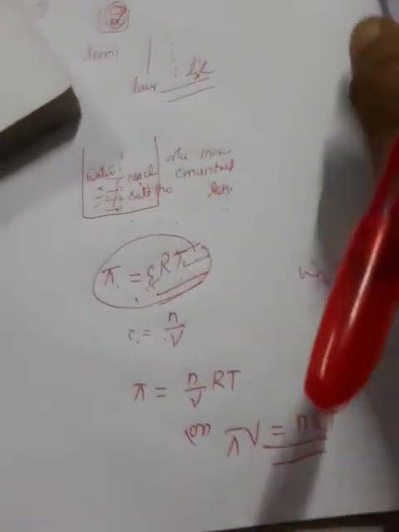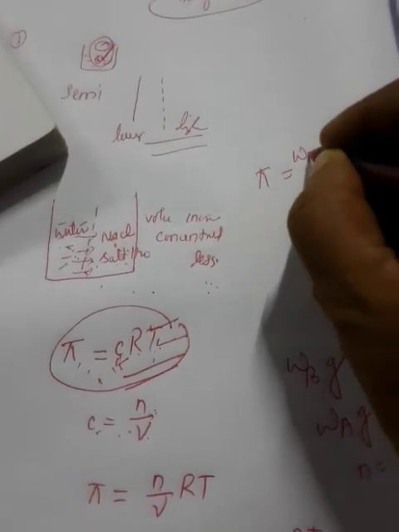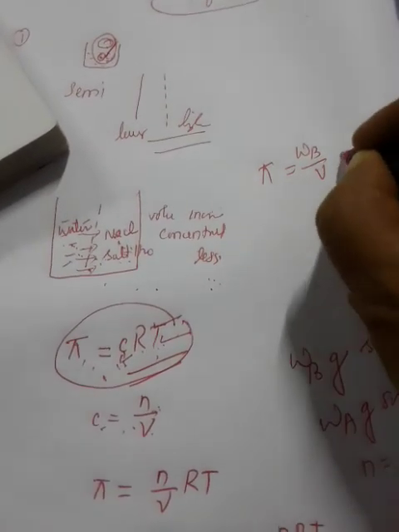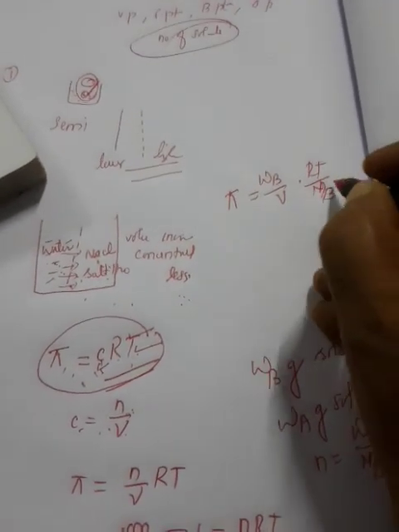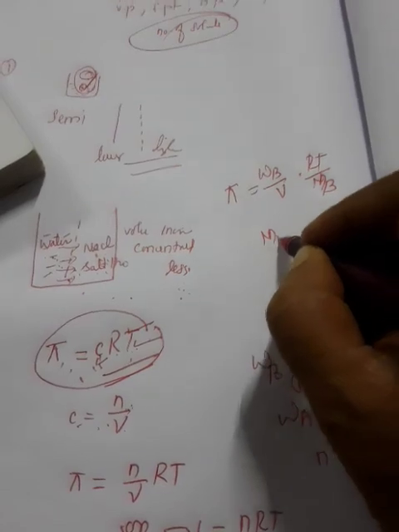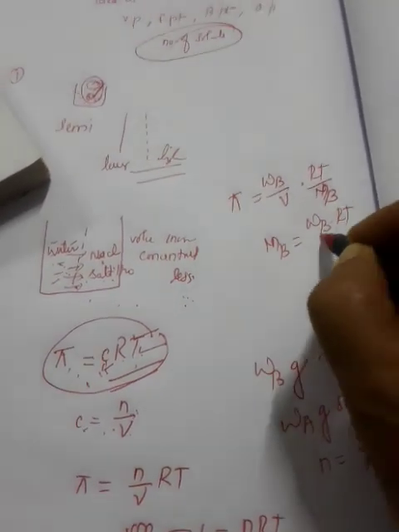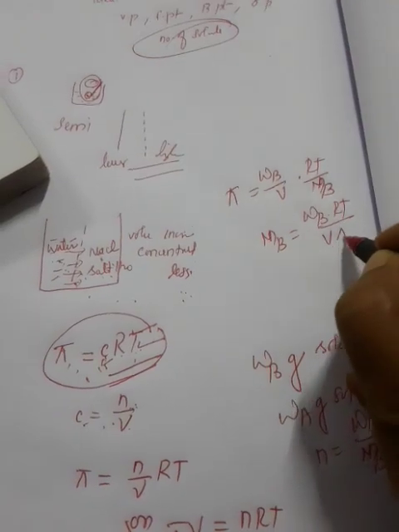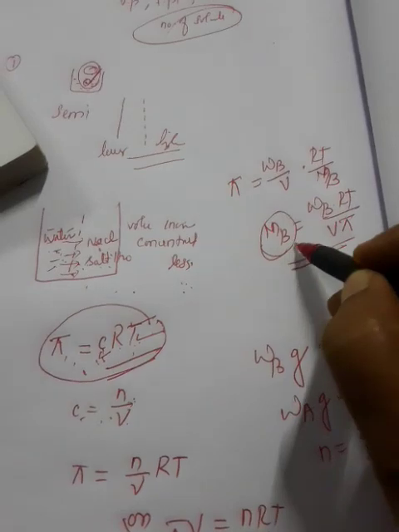Applying this in the equation, we get pi equal to Wb by V into RT by Mb. Bringing Mb outside, Mb is equal to Wb into RT by V into pi. From this equation, molar mass can be calculated.